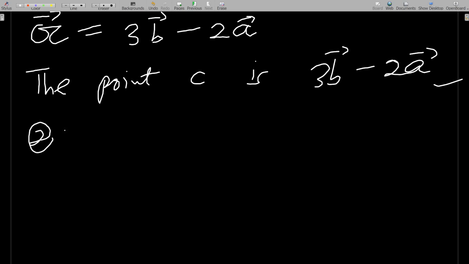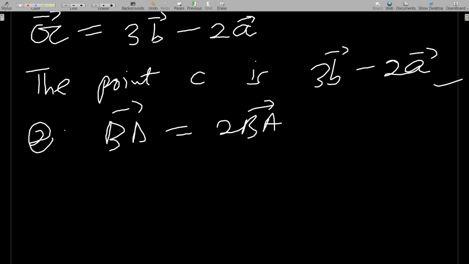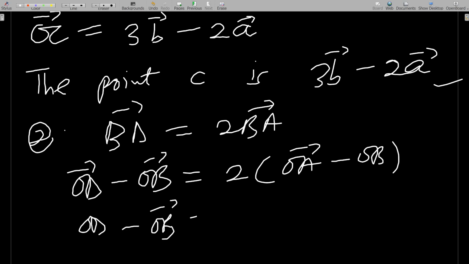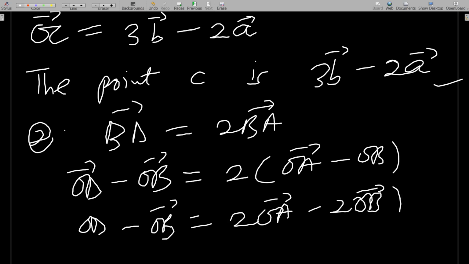Now the second one, we should find a point D such that this relation holds, BD equals 2BA. With that one too, you apply the same thing: this will be 2 into OA minus OB. And this is OD minus OB equals 2OA minus 2OB.